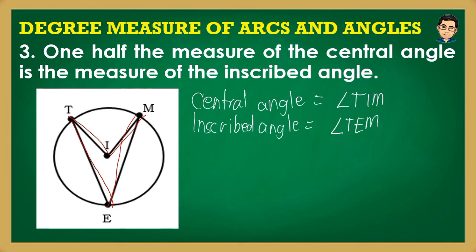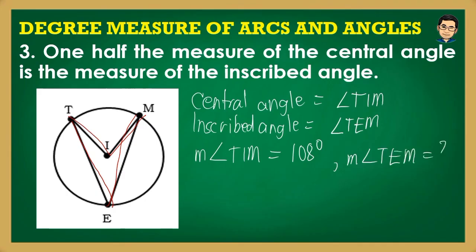In simple terms, whatever the measure of the central angle is, we just divide it by two, and that will be the measure of the inscribed angle. For example, if the measure of angle TIM is 108 degrees, what will be the measure of angle TEM, the inscribed angle?